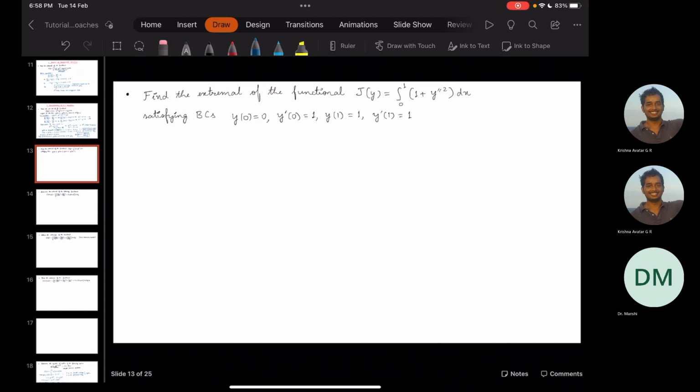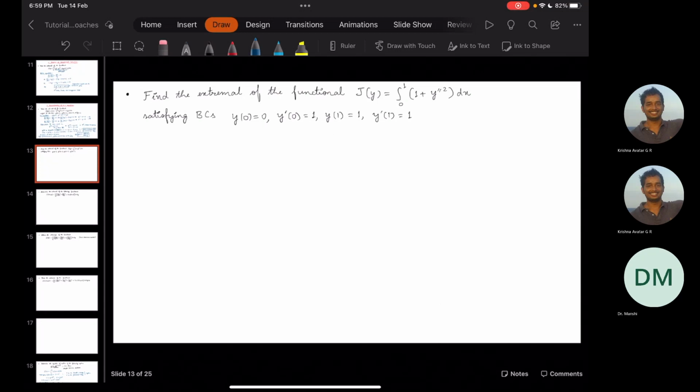Now it asks us to find the extremal of the functional J of y is equal to the integral of 1 plus y double prime squared, isn't it, over dx. I mean, integrate over dx, from x equal to 0 to x equal to 1. And our extremal must have the boundary conditions y of 0 is equal to 0, and the others.